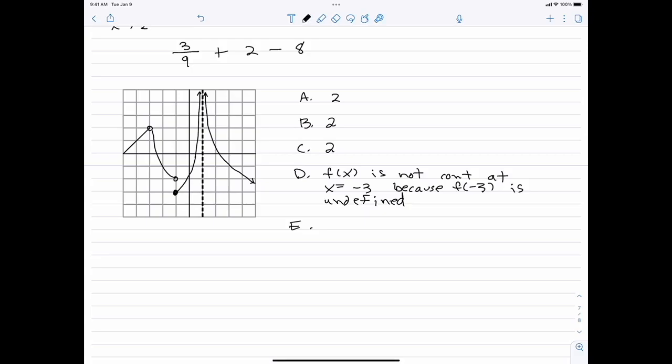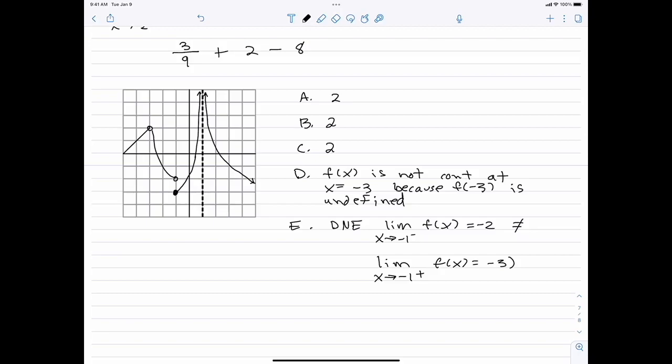So I'm going to say does not exist, but I did ask you to explain why, and I'm going to say the limit as x approaches -1 from the left of f of x equals -2, which is not equal to the limit as x approaches -1 from the right of f of x, which is -3. So -2 does not equal -3, therefore the limit does not exist.